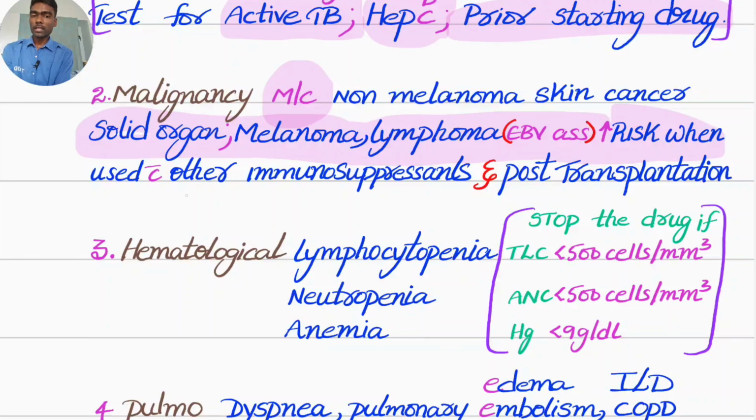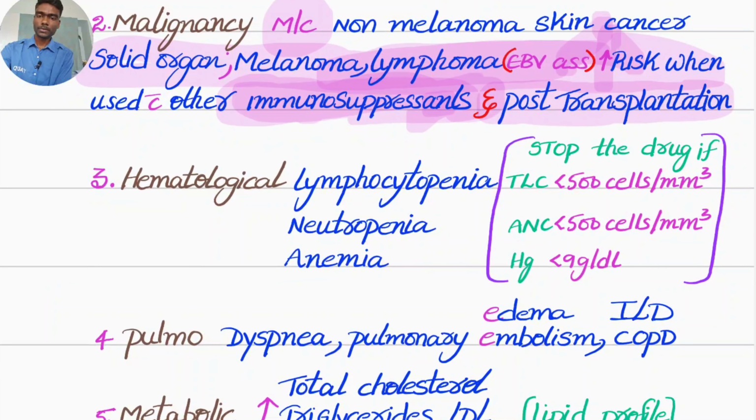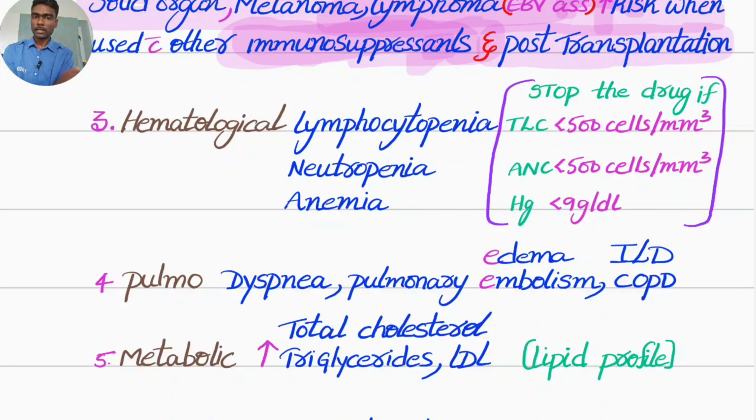When given with other immunosuppressants, it is already suppressing immunity. If you give other immunosuppressants also, it further increases the risk for Epstein-Barr virus associated lymphomas and other malignancies. Mainly in post-transplantation patients, we will be giving immunosuppressants, so there is more chance of malignancies.